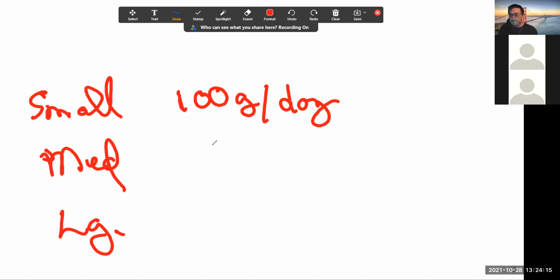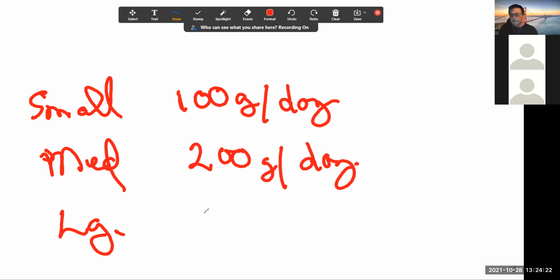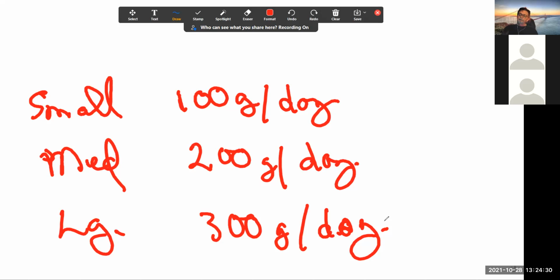For medium eggs, we just double it. They weigh 200 grams per dozen. Okay. And the large eggs, they weigh 300 grams per dozen. Okay. Now, can you tell me if I had 2 dozen medium eggs, how much are they going to weigh?